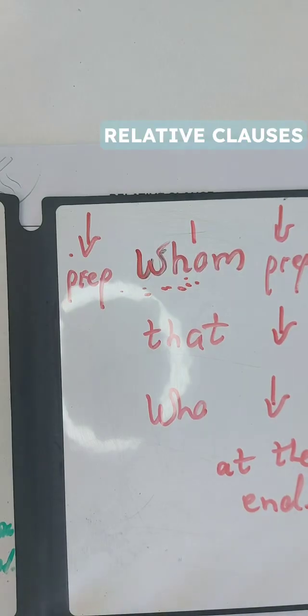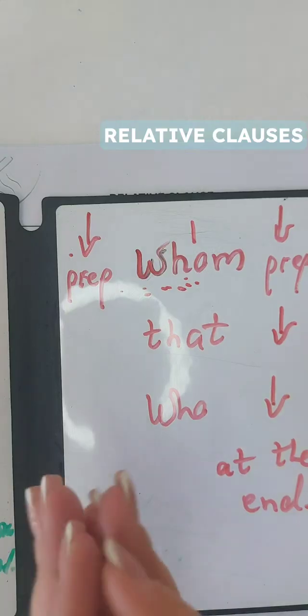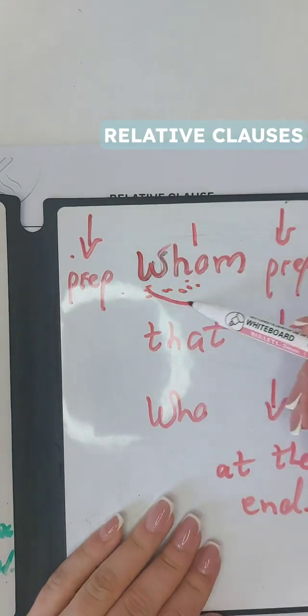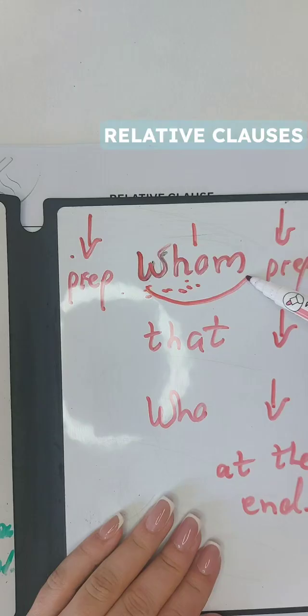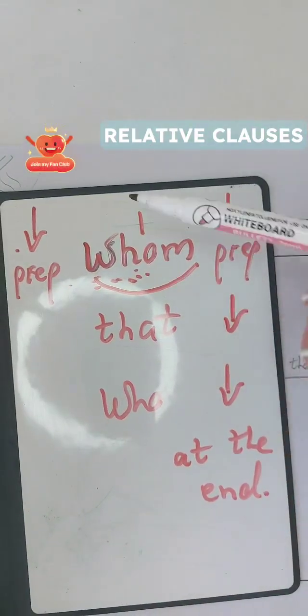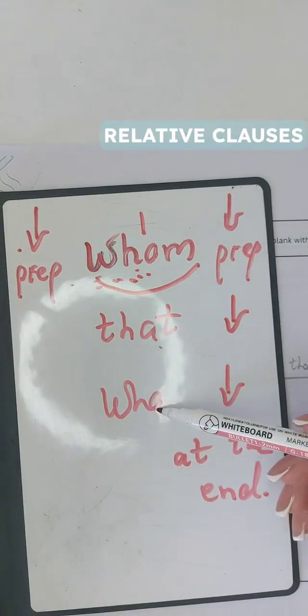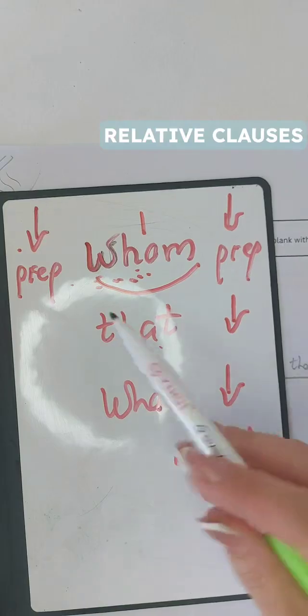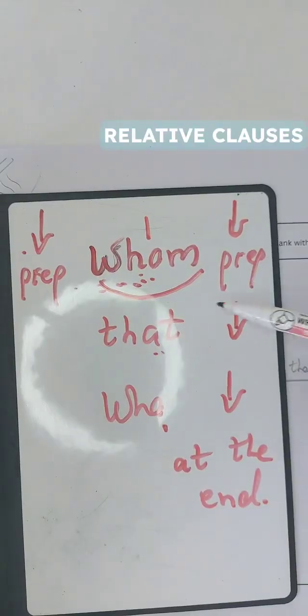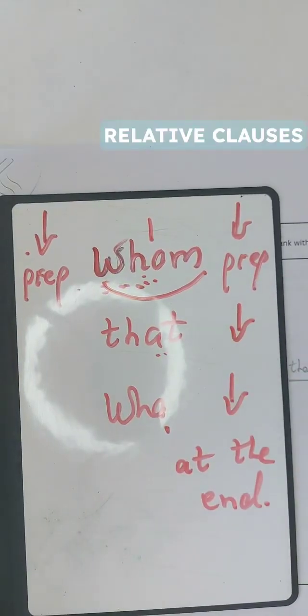For example, in formal letters or in books, we can see whom. But nowadays, people usually use that or who. So if you use that or who, just remember to put prepositions at the end, okay?